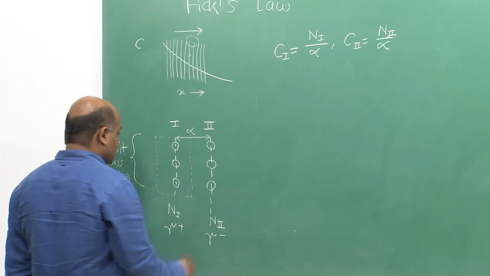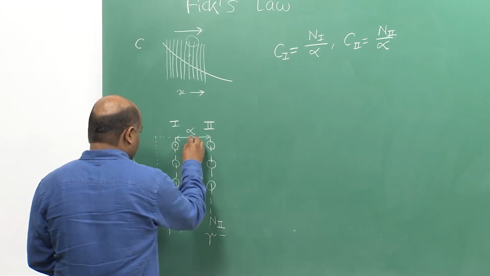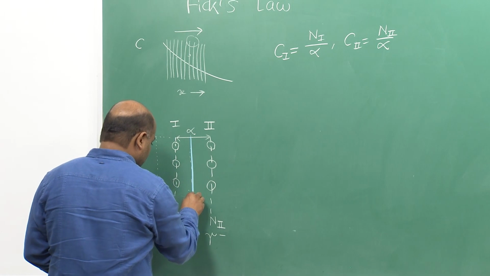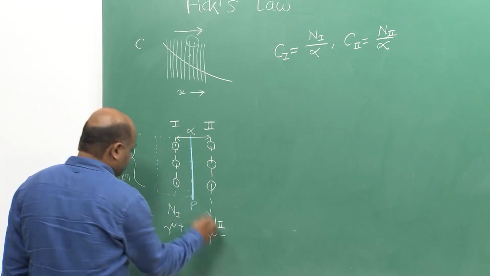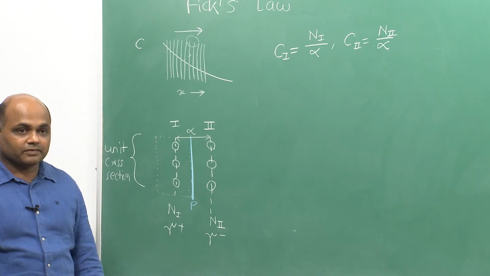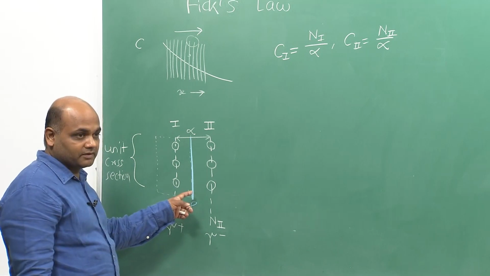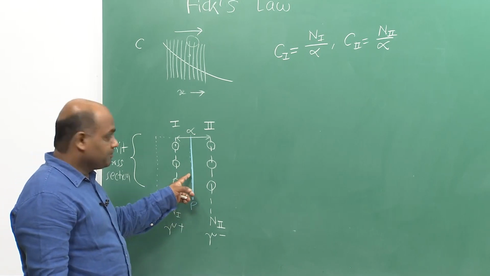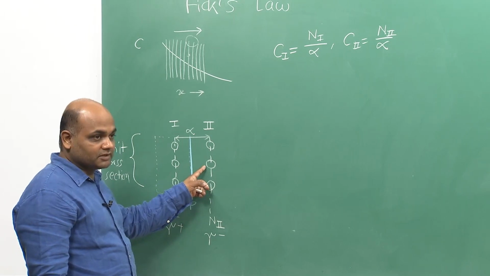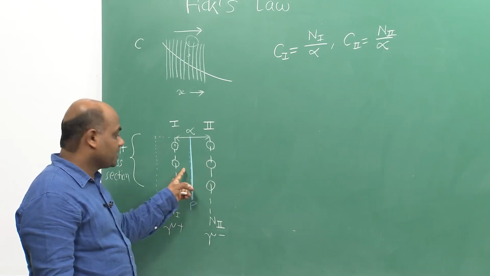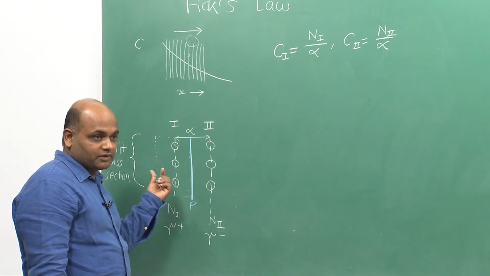Now, we need to measure, let us say, the flux across the central plane. Let us call this P. So, what will be the net flux across plane P? There are atoms jumping from left to right, that is from plane 1 to plane 2, and there are atoms jumping from plane 2 to plane 1. So, the net flux will be the difference between the two, right.